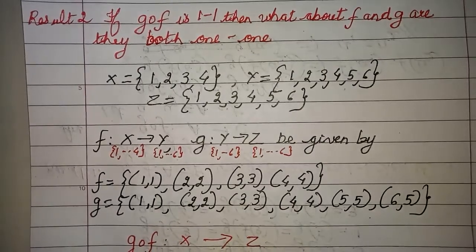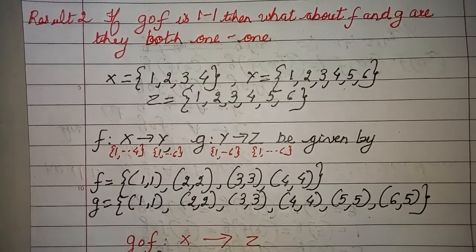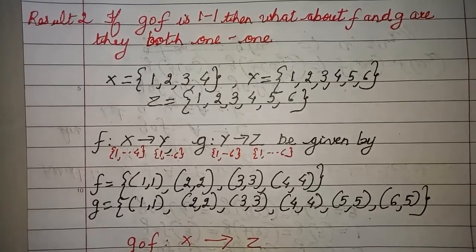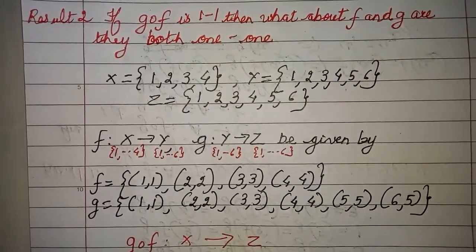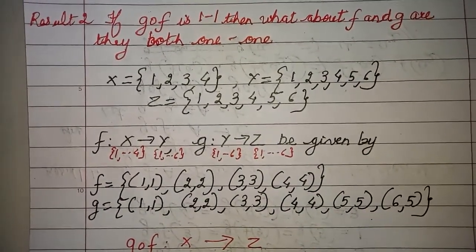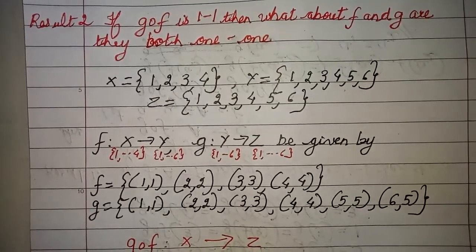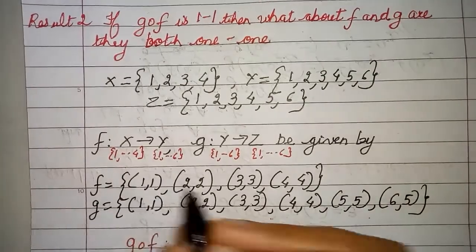So that means I have to find g composite f of 1, g composite f of 2, g composite f of 3, and g composite f of 4, because my elements are coming from x. Now let us operate this. So this will be g of f of 1. So the answer is g of f of 1 is 1, right?